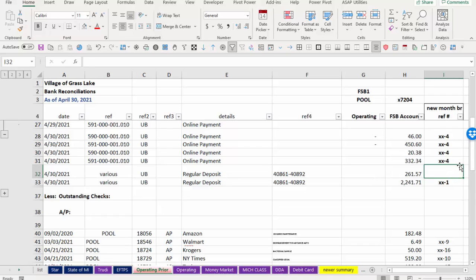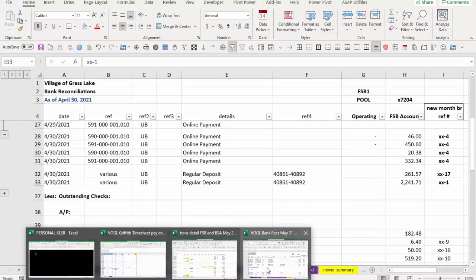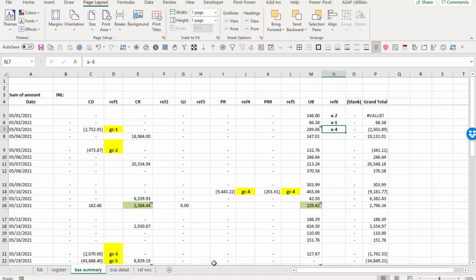So that reference number is XX17. So we'll put both reference numbers next to the 249.06 just to leave a breadcrumb trail.